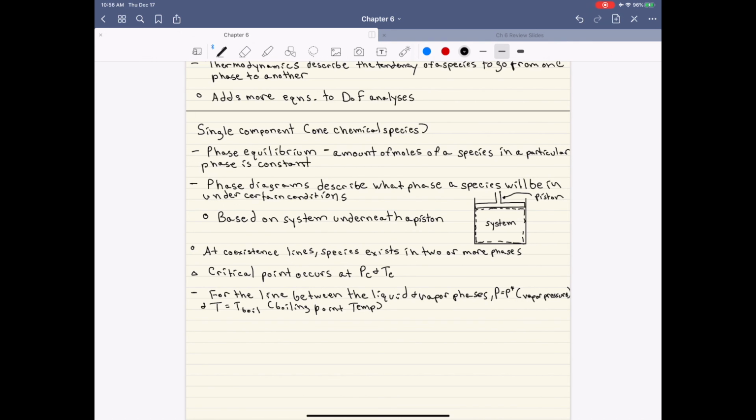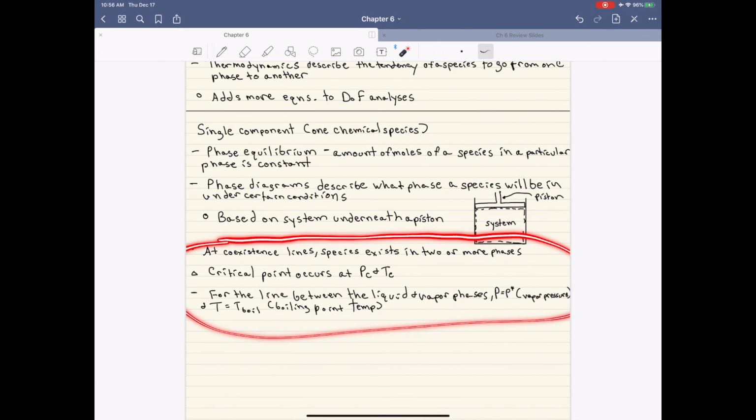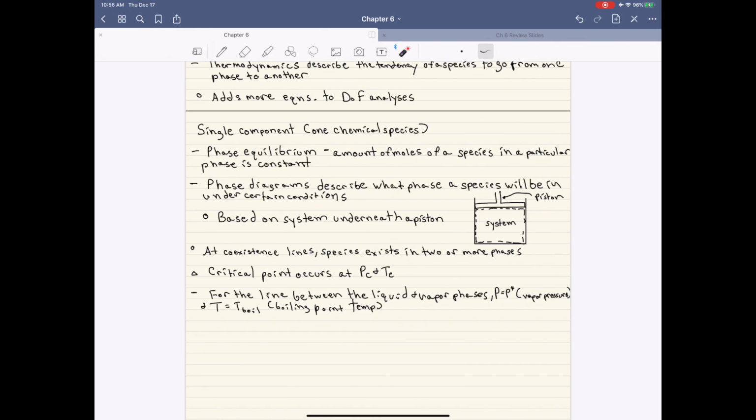Okay? And so even though that phase diagram was just for water, the things that I wrote down here are true for any chemical species and its phase diagram.